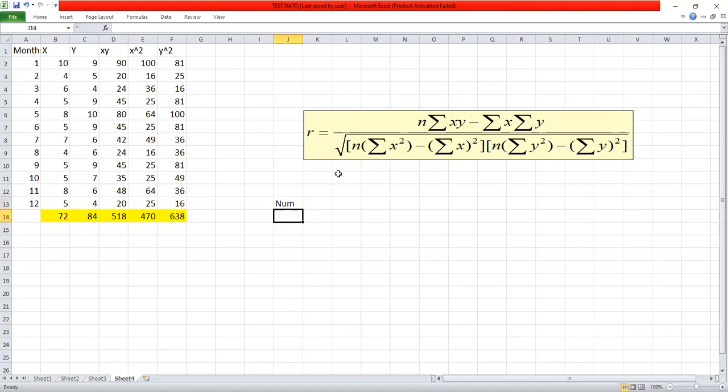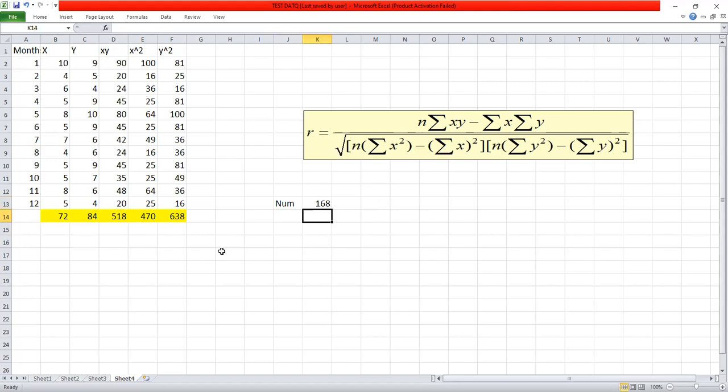I'll calculate for you. 12 times 518, minus 72 times 84. That's our numerator, 168.